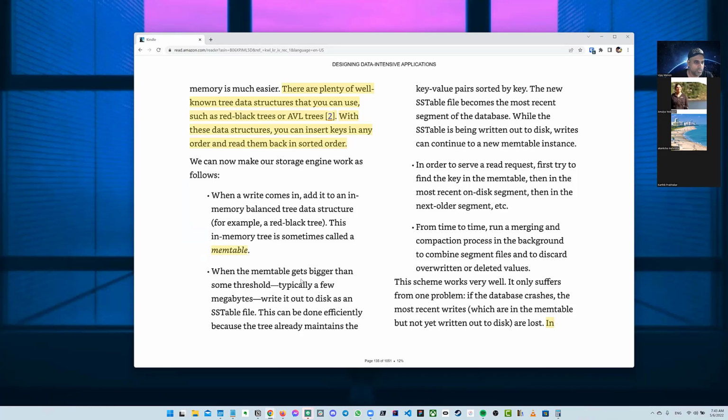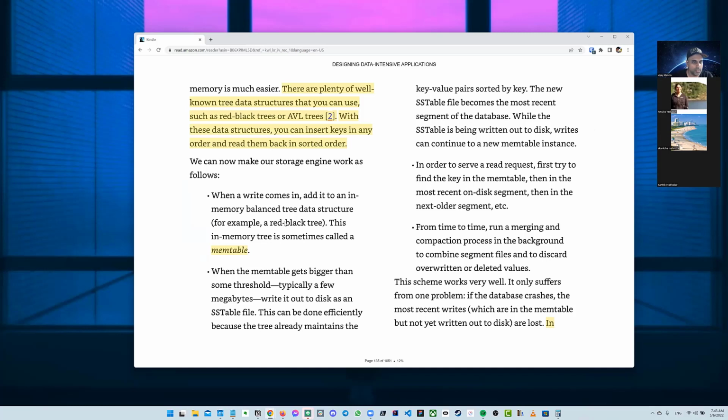When a memtable gets bigger than some threshold, typically a few megabytes, write it out to disk as an SSTable file. This can be done efficiently because the tree already maintains key-value pairs sorted by key. The new SSTable file becomes the most recent segment of the database, and while it is being written to disk, writes can continue on a new memtable instance.